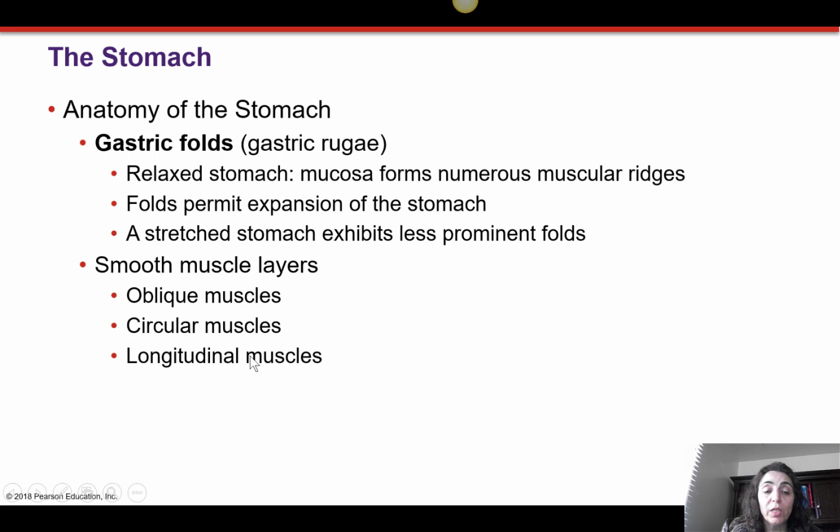The outermost layer is longitudinal, and the oblique layer is the innermost here. So to keep those two, circular and longitudinal, the way you learned before, we can say innermost oblique muscle, inner circular, and outer longitudinal. In any way that you memorize that, just know that the innermost layer is oblique, the outermost layer is longitudinal, and in the middle you have circular.